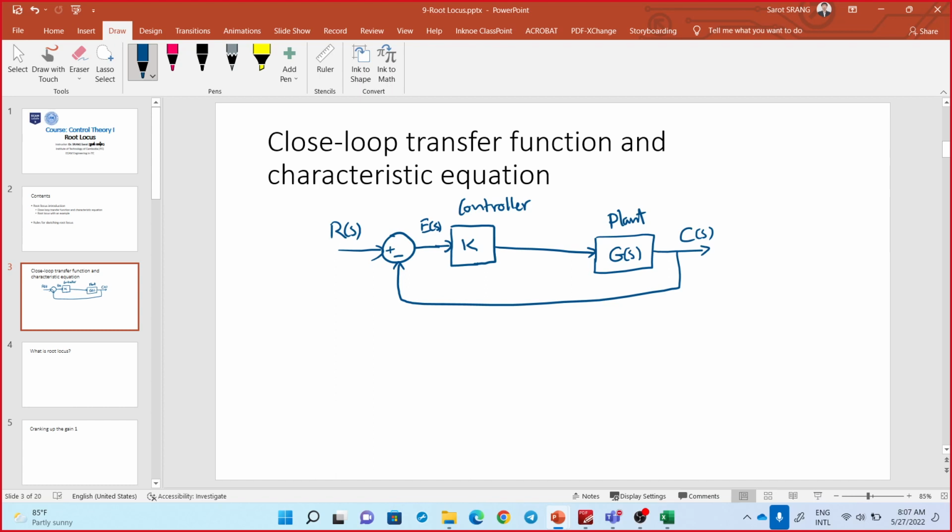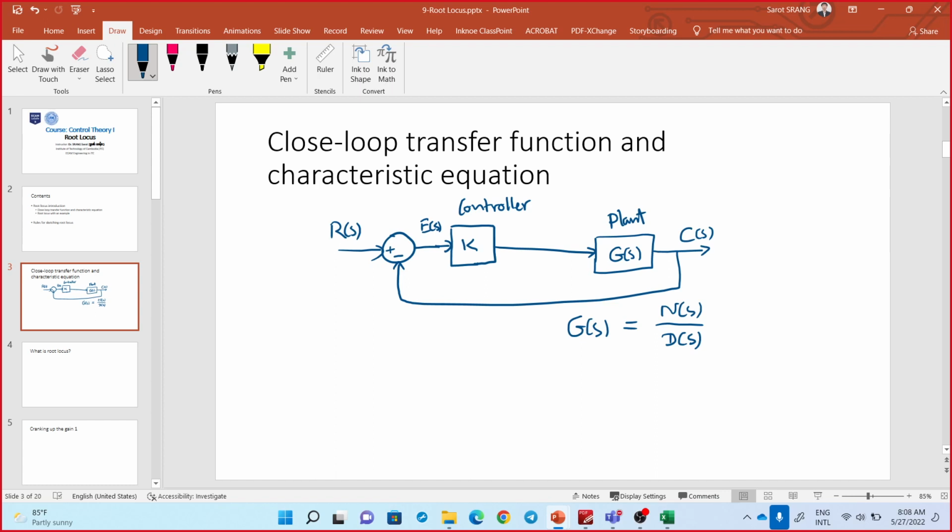First you need to find the closed loop transfer function. Let me remind you again, the open loop transfer function is the plant itself, G of s, equal to a rational function, N of s over D of s. N means numerator and D means denominator.